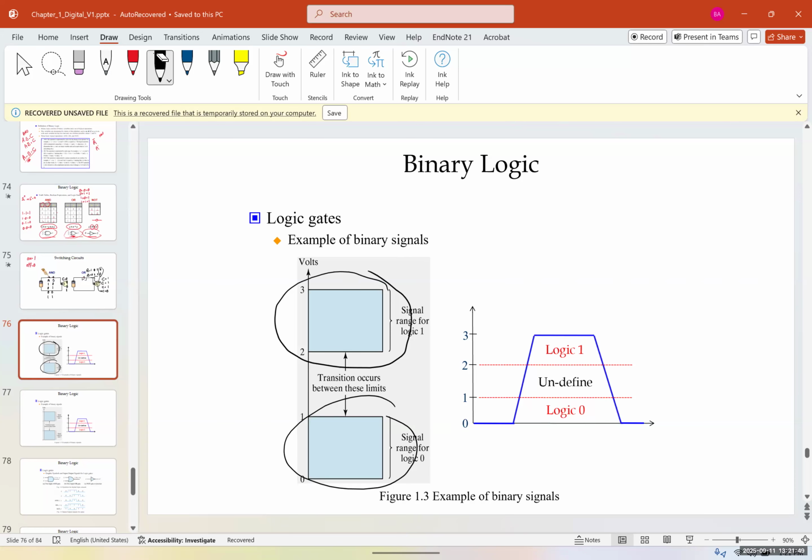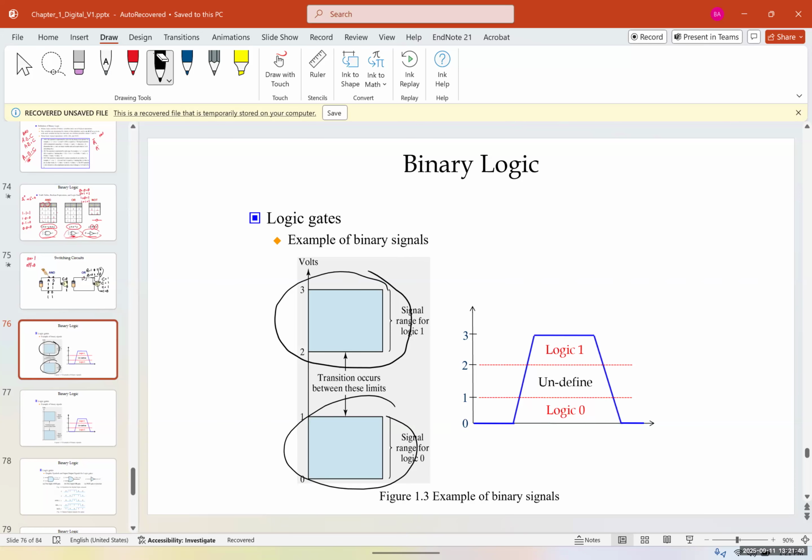Okay. And on the right, you can see the logic of 0. Again, anything below 1 volt is 0, and the logic of 1 is anything above 1 volt. So what happens if the signal is like this? What happens to this part? In the middle, this is undefined. It's neither 0 nor 1.